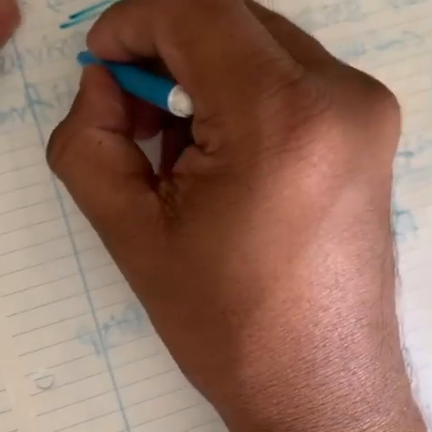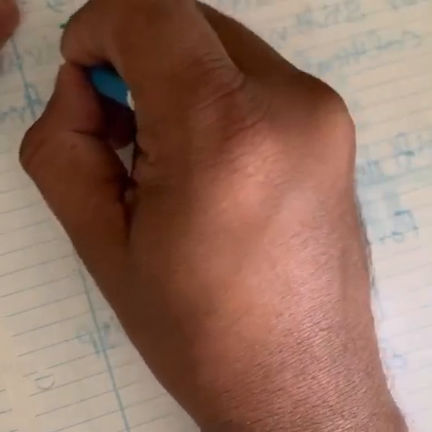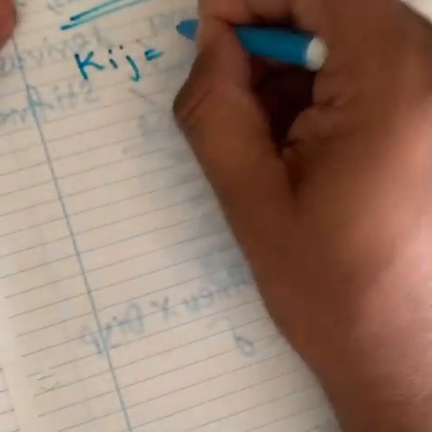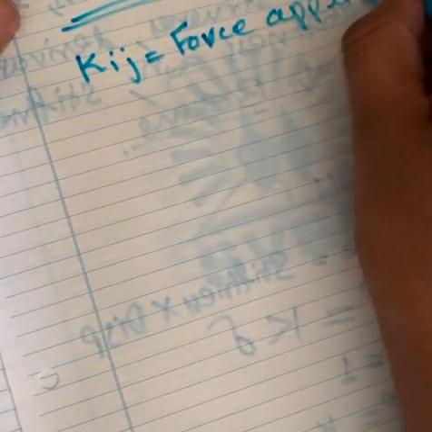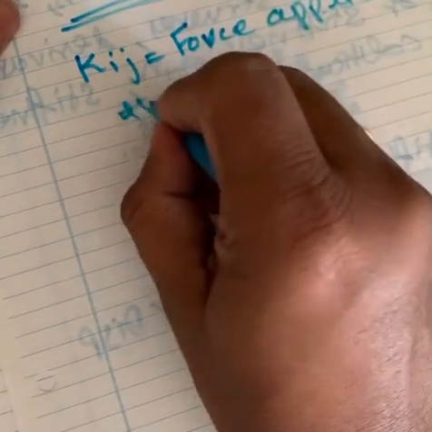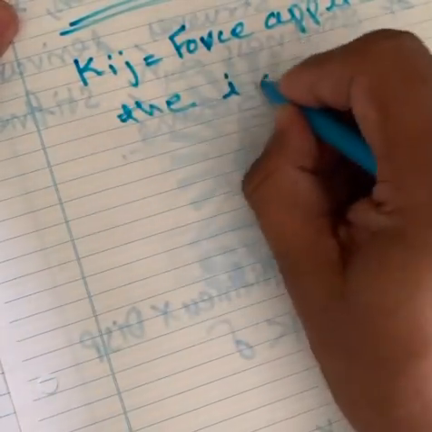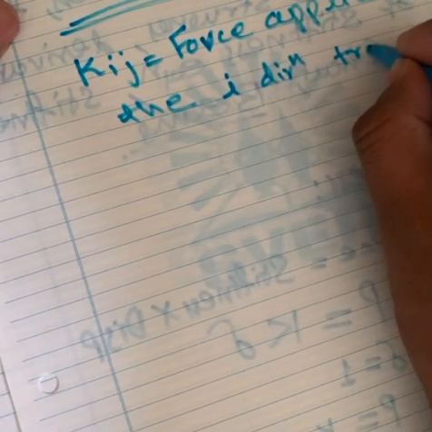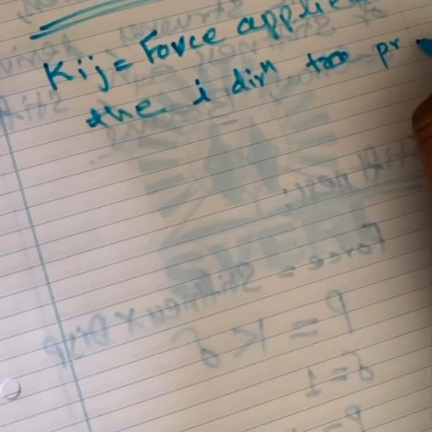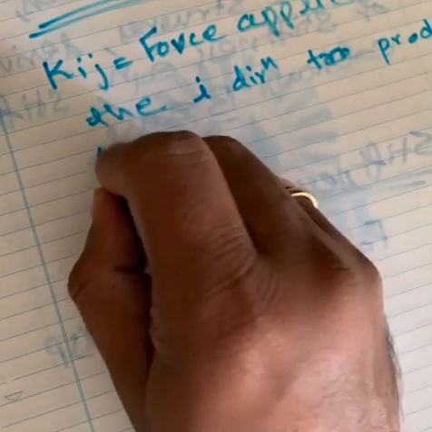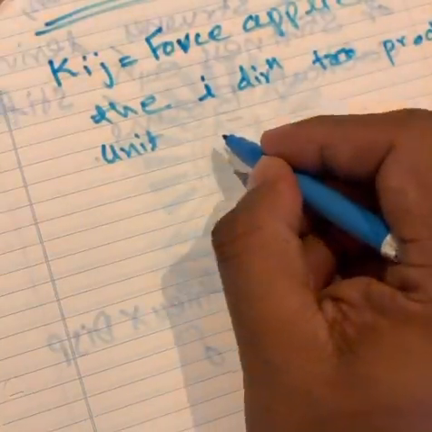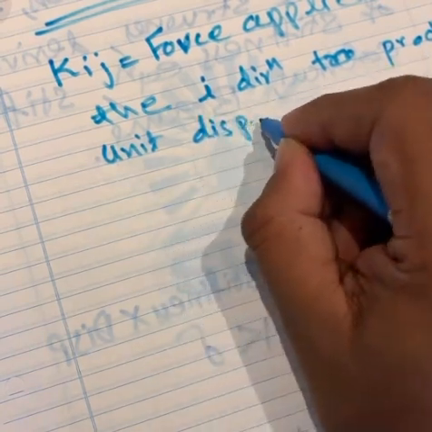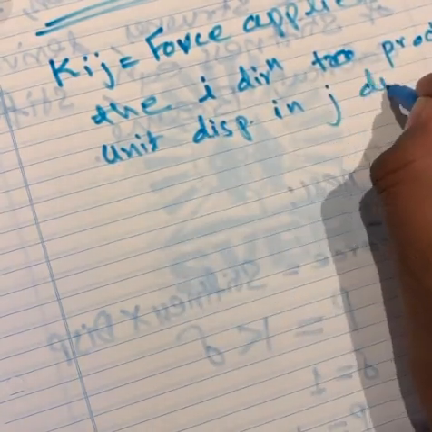Then stiffness K_ij can be written as the force applied in the i direction to produce unit displacement in the j direction.